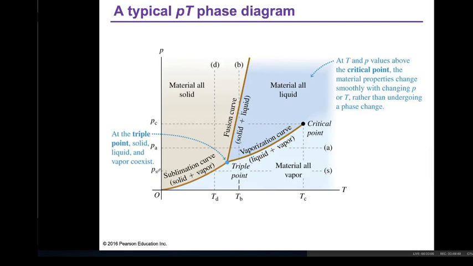If the pressure, let's say, is here, very low, below the triple point, then under this kind of pressure you will only have gas or solid. If you lower the temperature, the gas converts into ice, or solid water, directly without any liquid water.